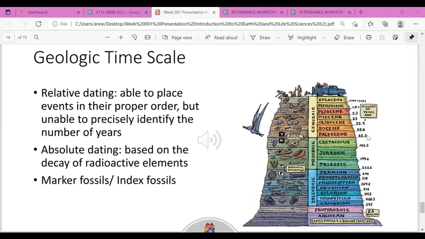Okay, so with that, you have here 3 eras. Okay, we have 3 eras. We have the Paleozoic, the Mesozoic, and the Cenozoic. Ito po yun. How are we going to see what do you mean by the Cenozoic?